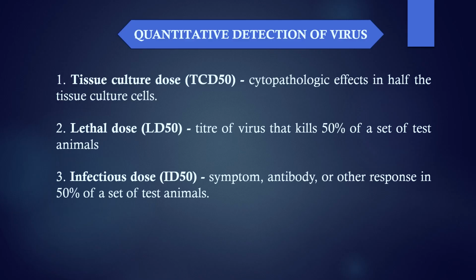The third one is the infectious dose, that is ID50, which is the titer of virus that initiates the detectable symptom, antibody, or other responses in 50% of a set of test animals. The number of infectious viruses can also be evaluated with the count of plaques formed by tenfold dilutions of the sample, that is plaque forming units.